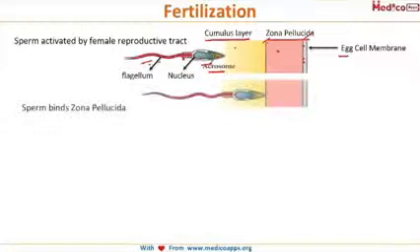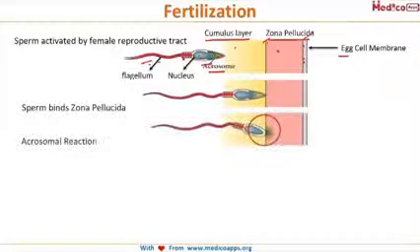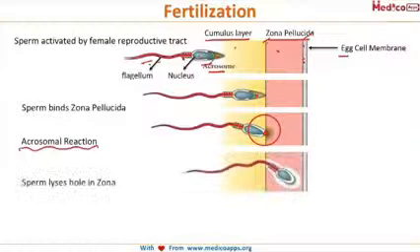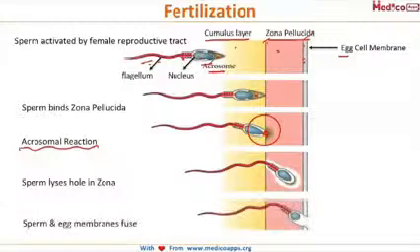Now this sperm crosses the corona radiata and attaches itself to the zona pellucida. It causes the release of enzymes from the acrosome of the sperm and this is acrosomal reaction. This causes lysis of the zona pellucida and thus allows the entry of sperm into the secondary oocyte.